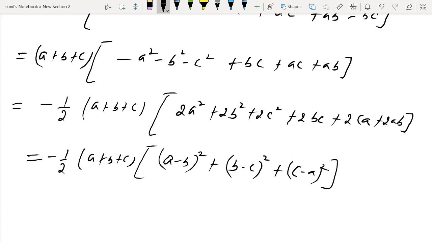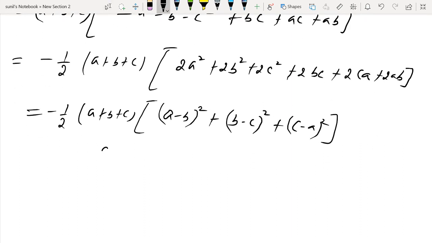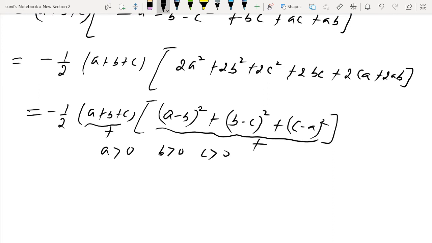Now see, A is positive, B is positive, C is positive, so this sum is also positive and this is a perfect square, this is also positive, so hence this quantity is negative. So this proves the question.